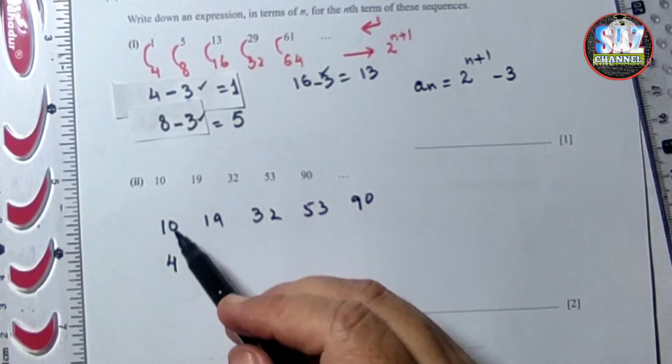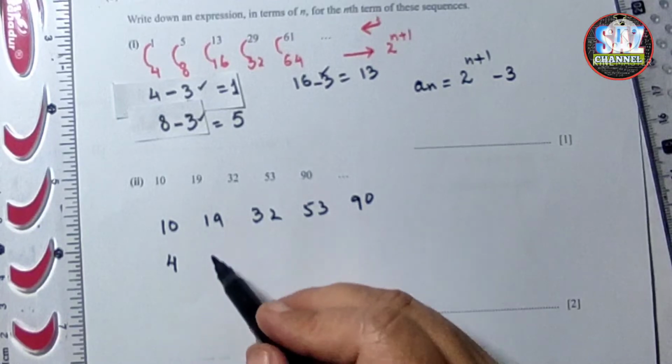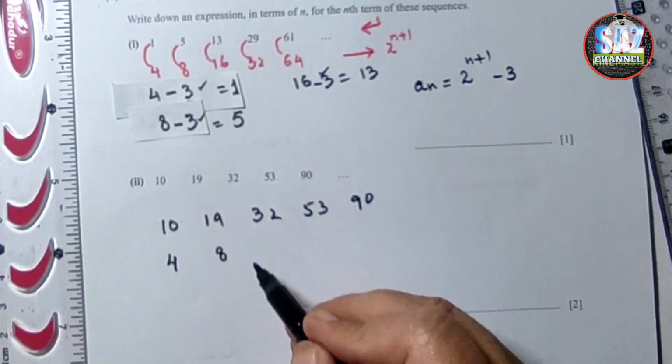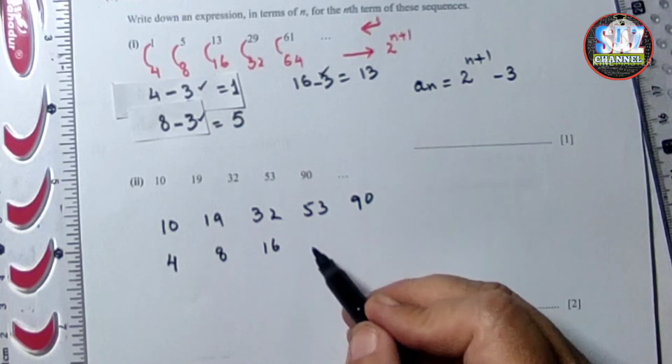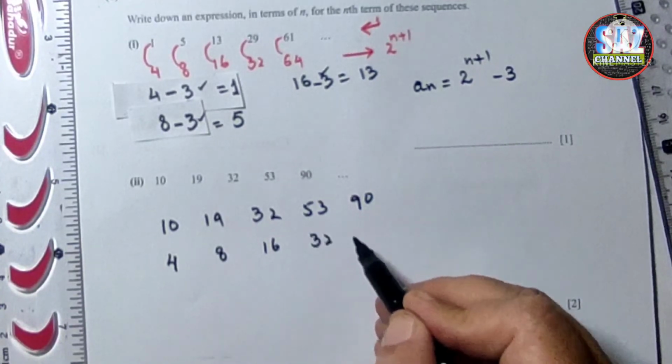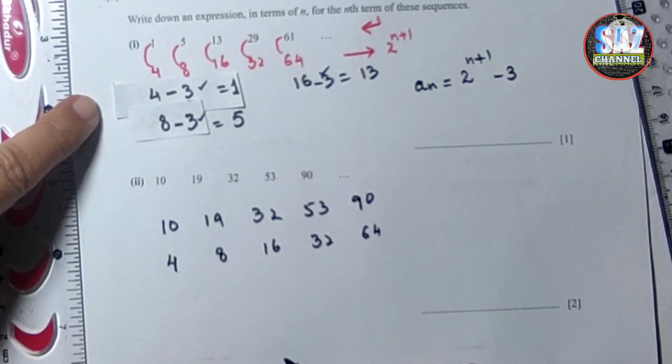In the new sequence the first term is 10, and in the previous it was 4, and then 8, then 16, then 32, and then 64. The second part gives us the idea that we have to get the difference between the corresponding terms.